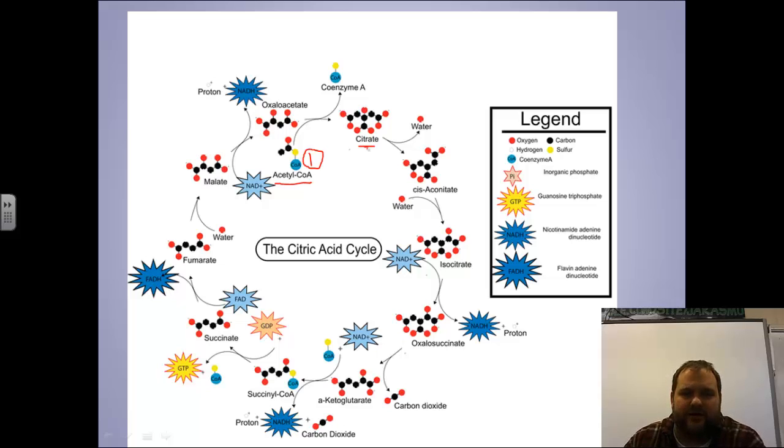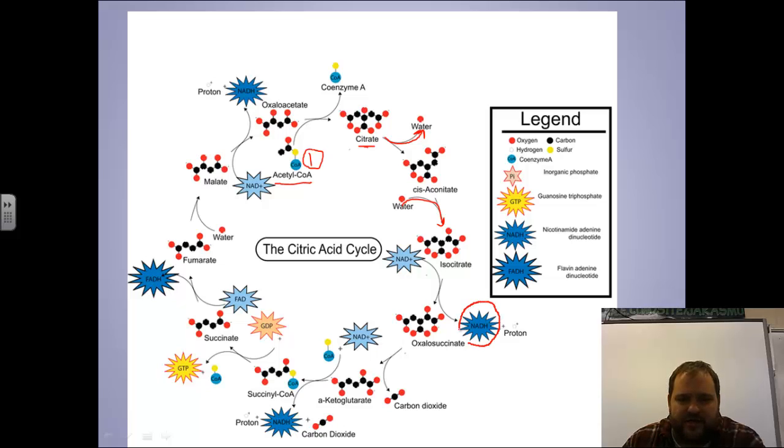Now look at this water coming out. This is interesting. We're going to take water out and put it back in a whole bunch of different times. Water's pulled out here, but then it's put right back in, so basically no net gain or loss of water. Then we create this high energy electron molecule, an NADH, as we change this molecule around.